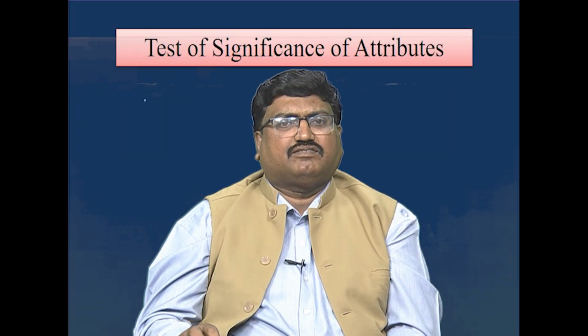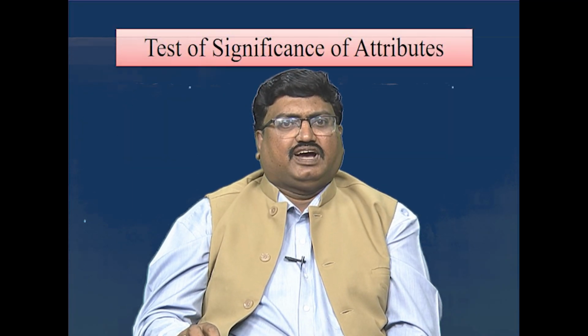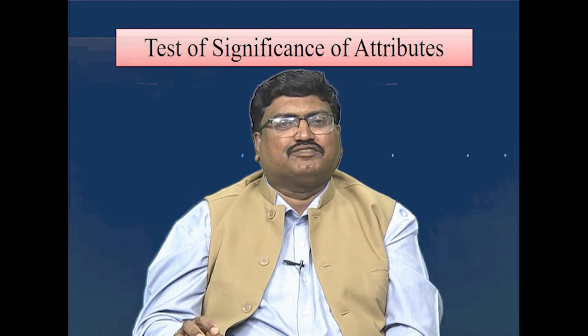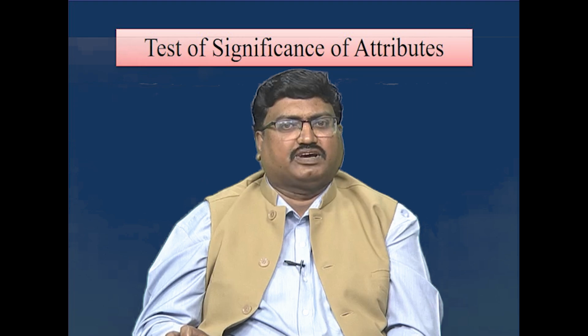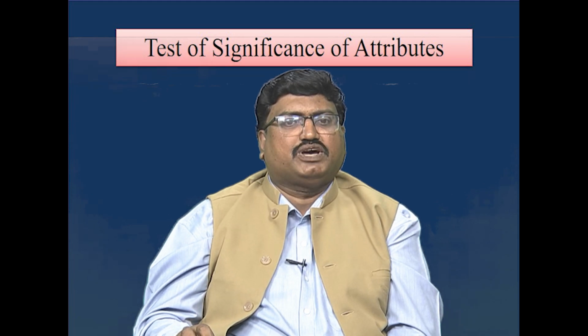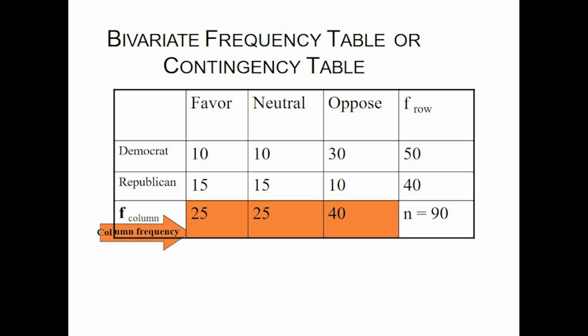And here we have a questionnaire which is developed and sent to 90 voters. It's an American kind of setting, where we talk about how many would select a Democrat or a Republican, how many are in favor, how many are neutral, and how many are opposing. So we have the observed frequency. Based on it, we take the row total and column total to generate the expected frequency values, and we compare the observed and expected.